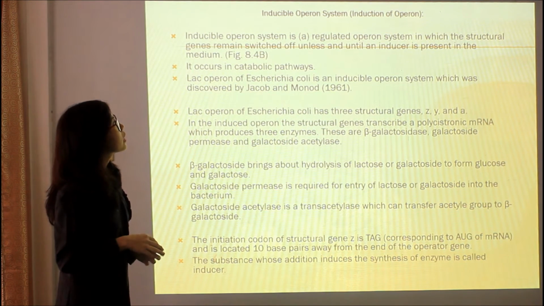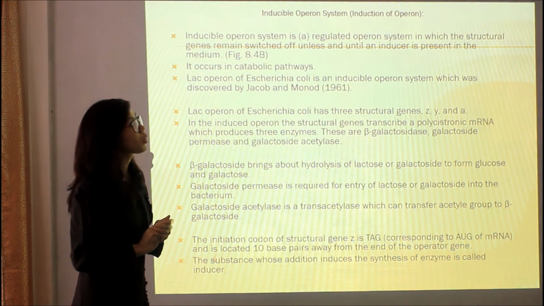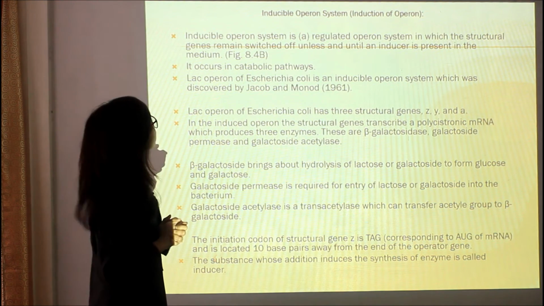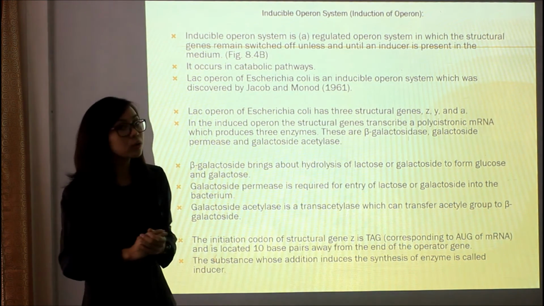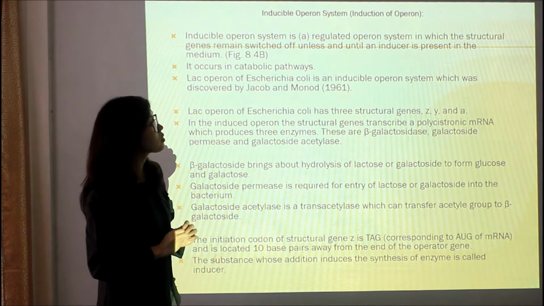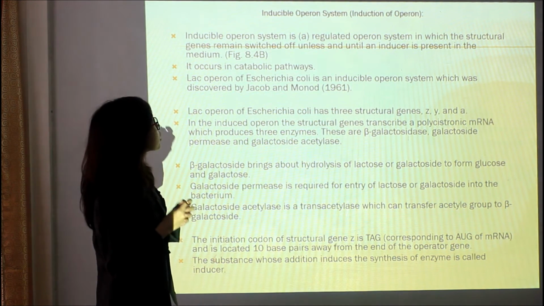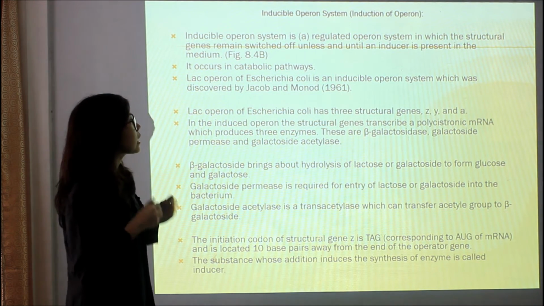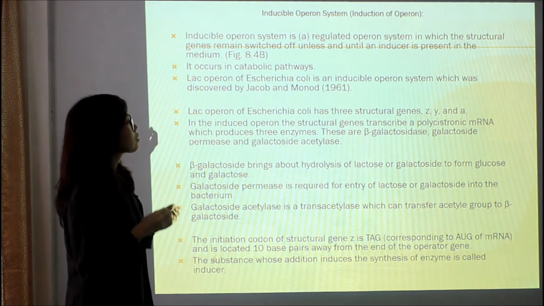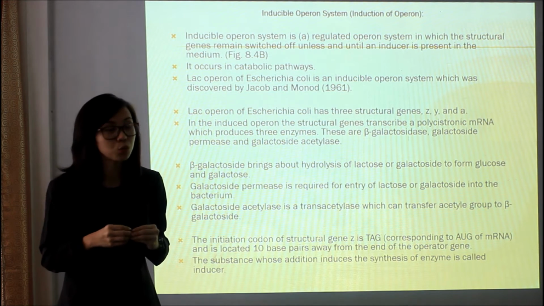So, for more, the inducible operon system, or the induction of operon. An inducible operon system is a regulated operon system in which the structural genes remain switched off unless and until an inducer is present in the medium.